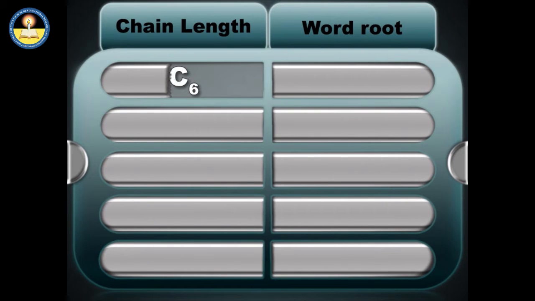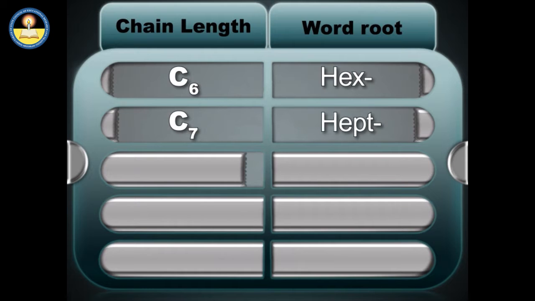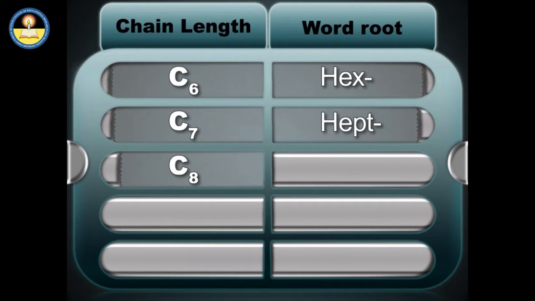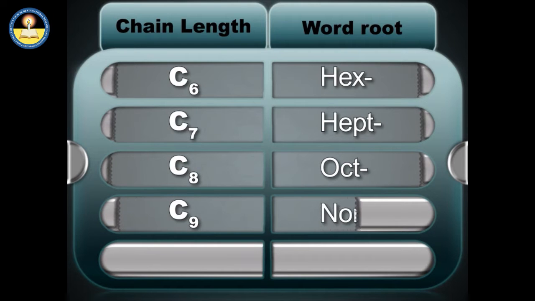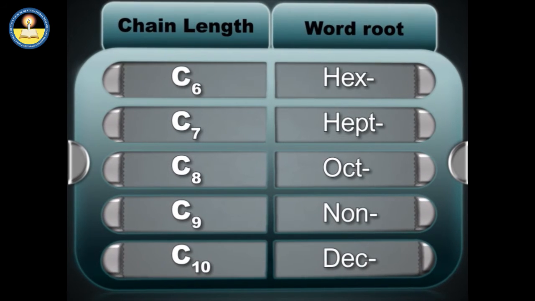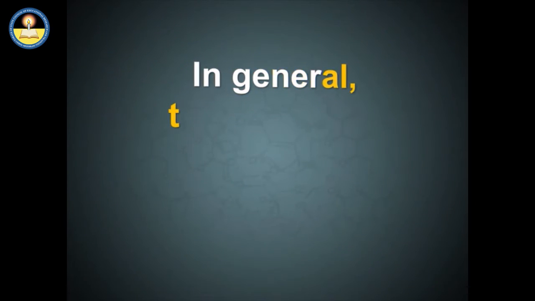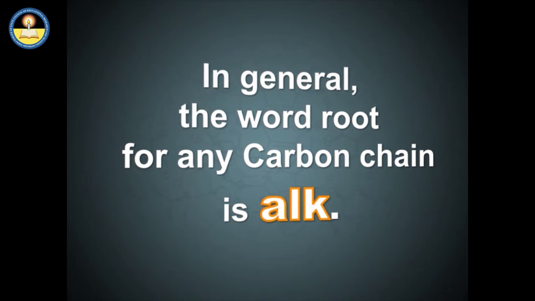Chain length C6, word root hex. Chain length C7, word root hept. Chain length C8, word root oct. Chain length C9, word root non. Chain length C10, word root dec. In general, the word root for any carbon chain is alk.